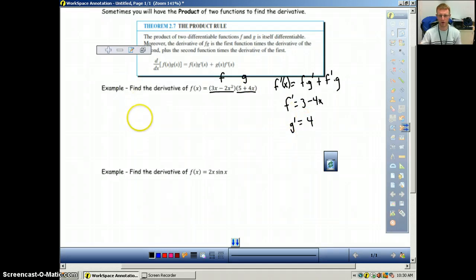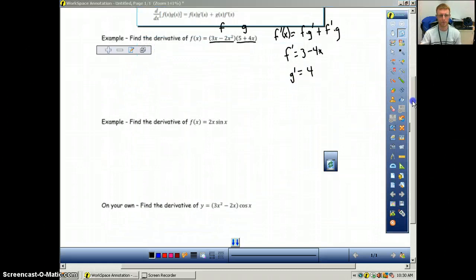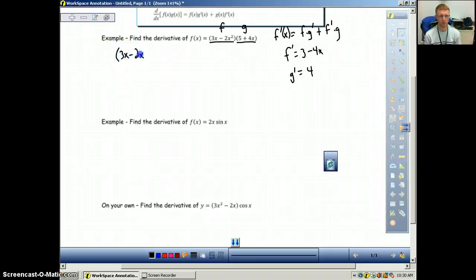So then we literally just write this out as our formula. It's going to be f times g prime, so that means we have 3x minus 2x squared times, whoops, that's not right, sorry, times g prime, so our g prime is 4, plus, and then we do our f prime, which is 3 minus 4x, multiplied by our g, which is 5 plus 4x.